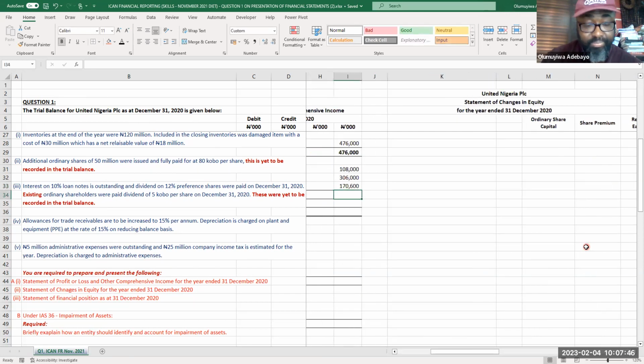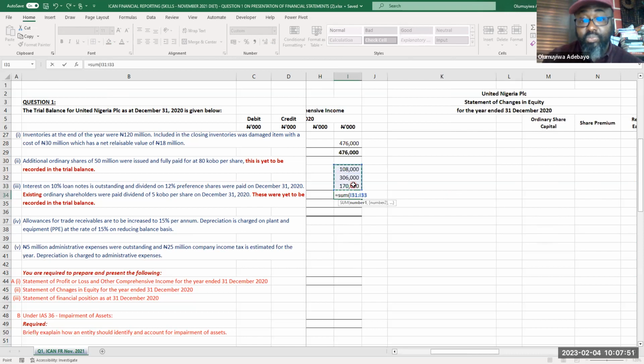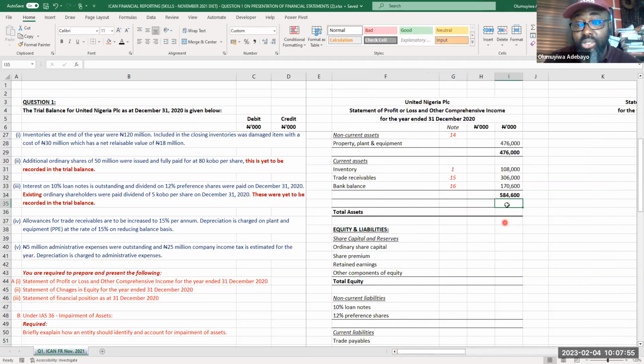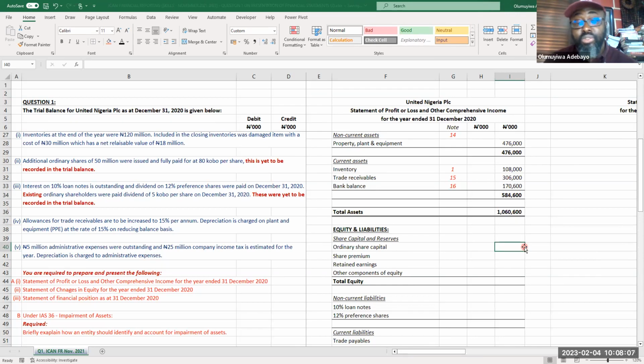Therefore, what's our sum? That should give me this. Therefore, I have to sum non-current assets with current assets. And what does that give me? Give me total assets of this amount. Now, share capital.